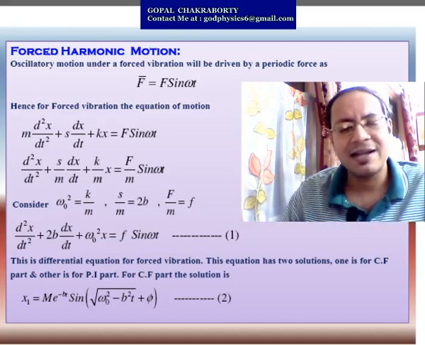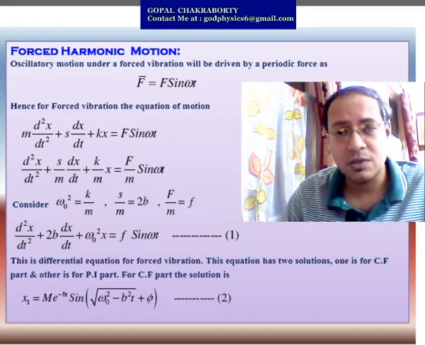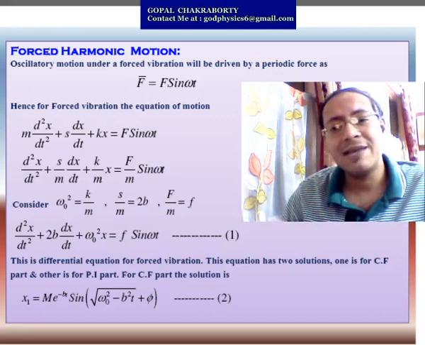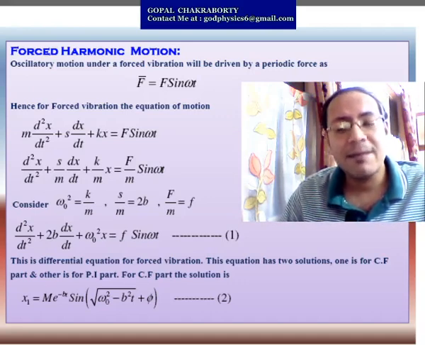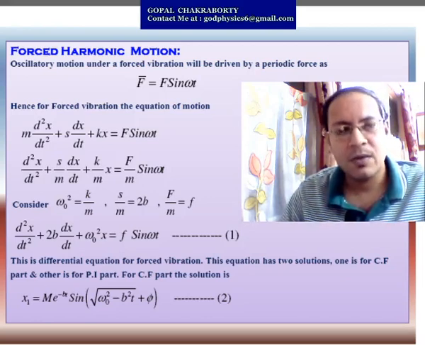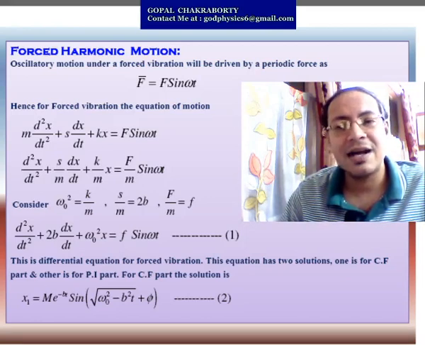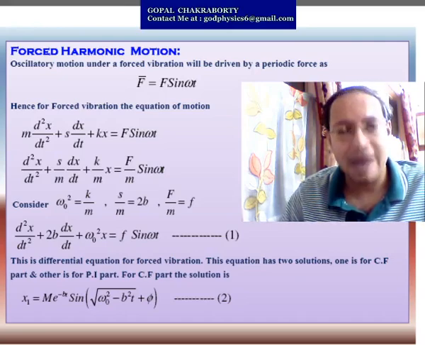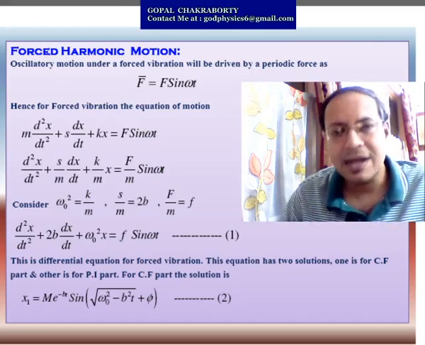If the right hand side of equation 1 is 0, the equation again becomes the equation for damped motion. I have already derived how to solve this equation in my last video, where I discussed the details of damped vibration. You may consult that video.